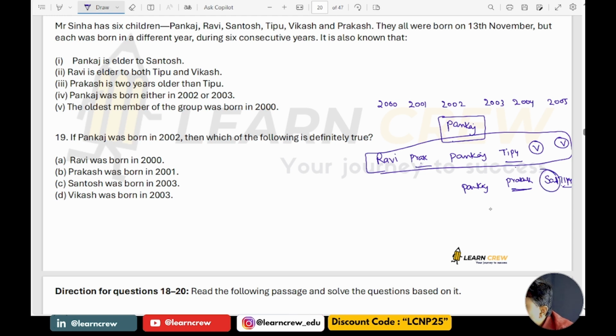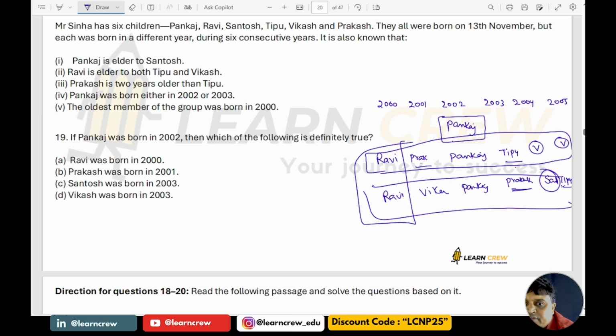And Ravi is elder than both Tipu and Vikas, so Vikas will come here. Now in both the arrangements, Ravi was born in the year 2000 is definitely true. So the answer is A.